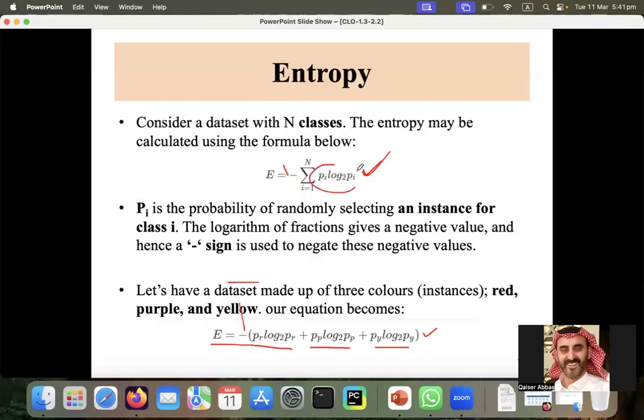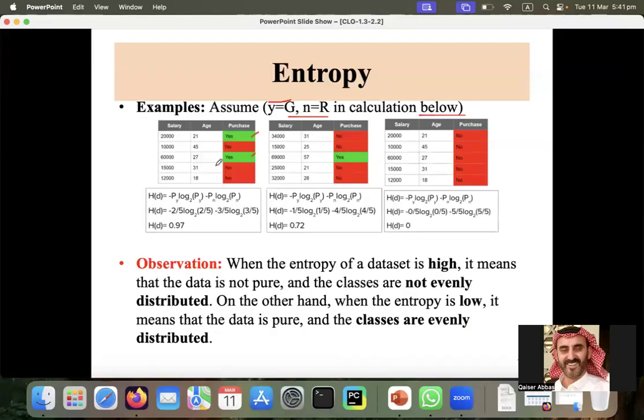Remember this equation. This is the equation, pi log pi. And here we are writing for y. Here H of D means data set. H means entropy. Entropy of the data set is what? Py log py. This y means green.